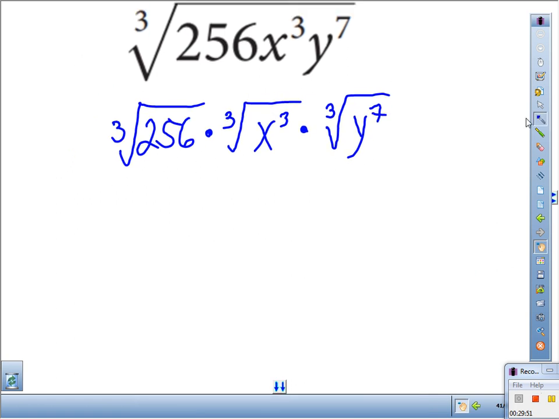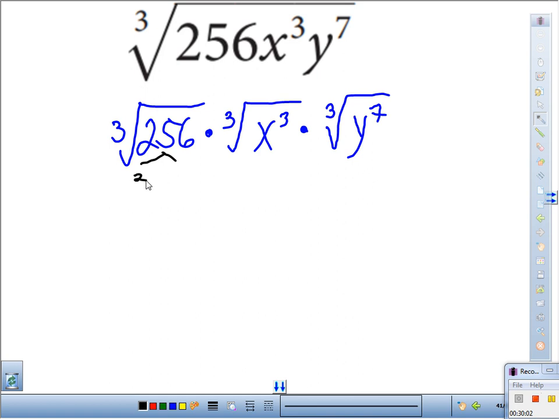What number times itself 3 times gives me 256? I don't know, Mr. Q. All right. Therefore, can we divide by 2? Let's see. 2, yeah, that's 128. Can we divide by 2? Yeah, that's 64. Can we divide by 2? Yeah, that's 32.